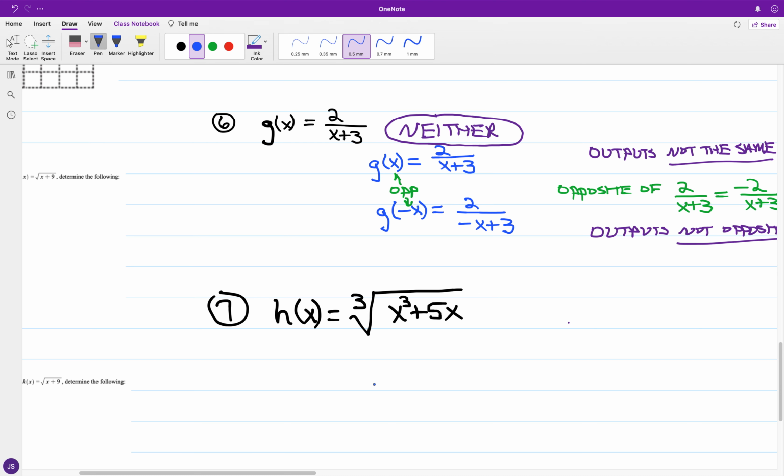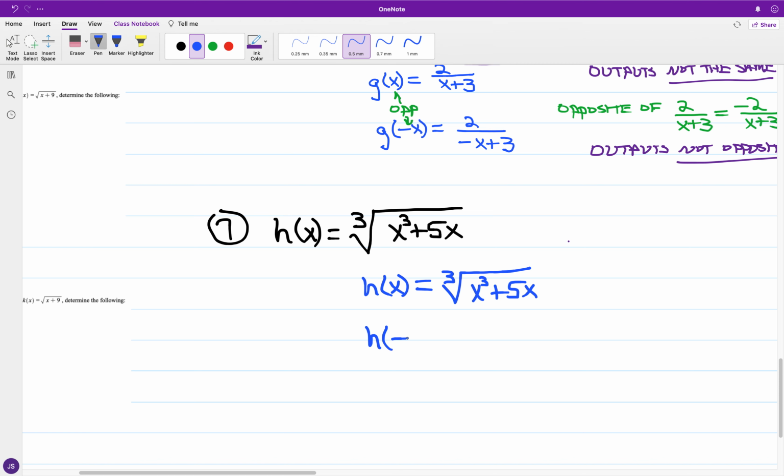So for what we're going to have here with h of x, we have the cubic root of x cubed plus 5x.